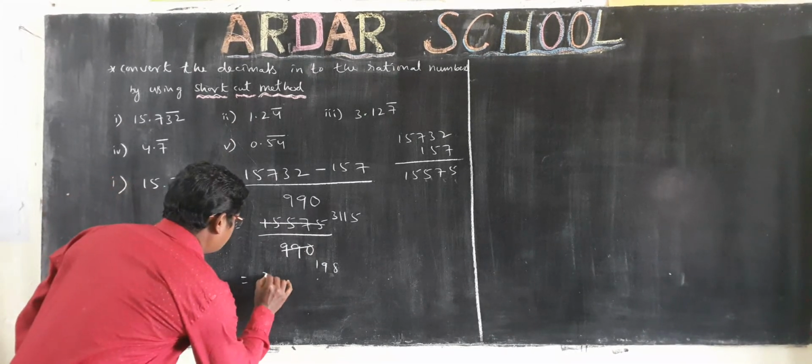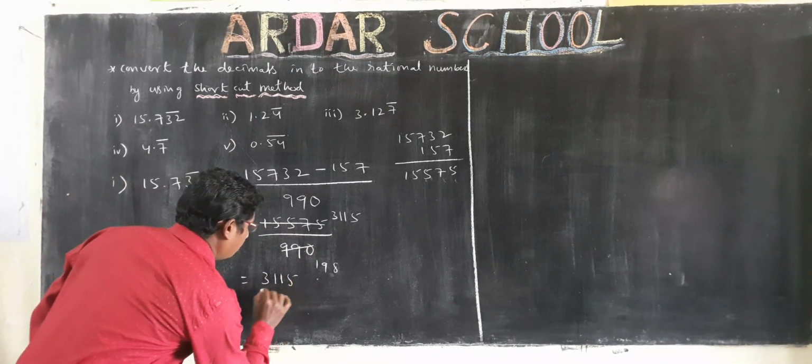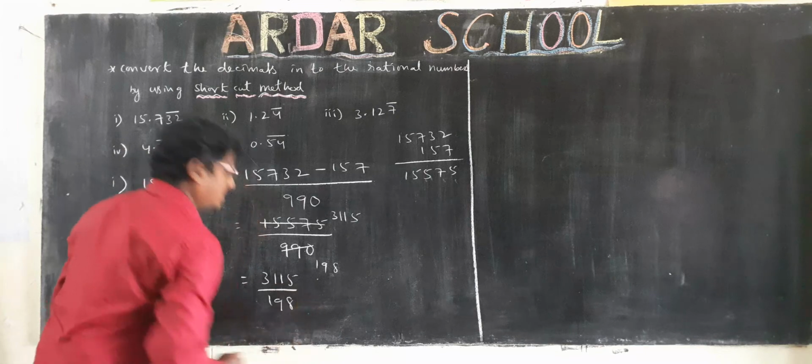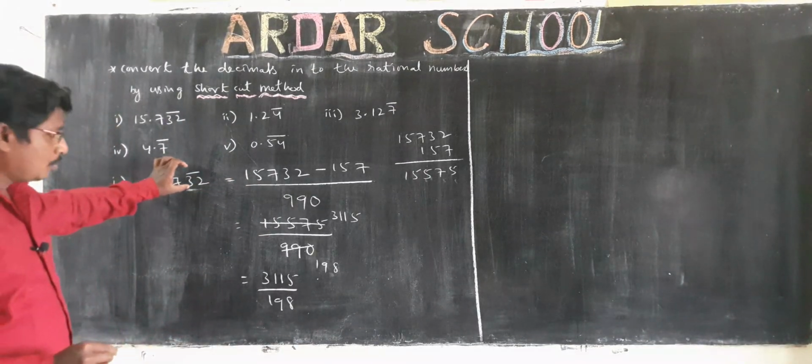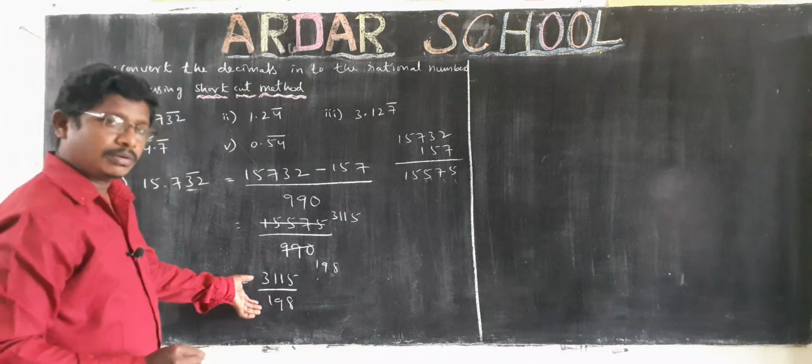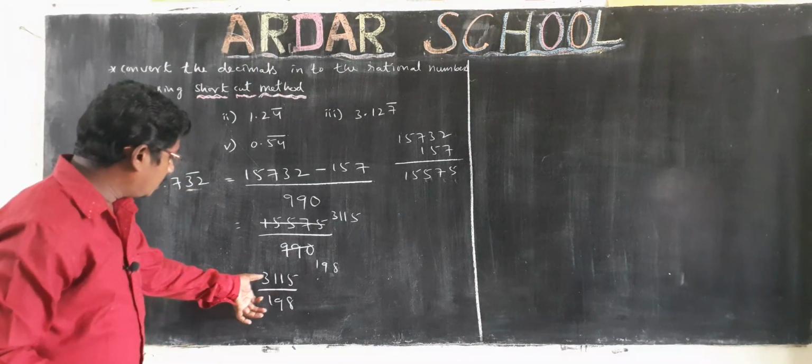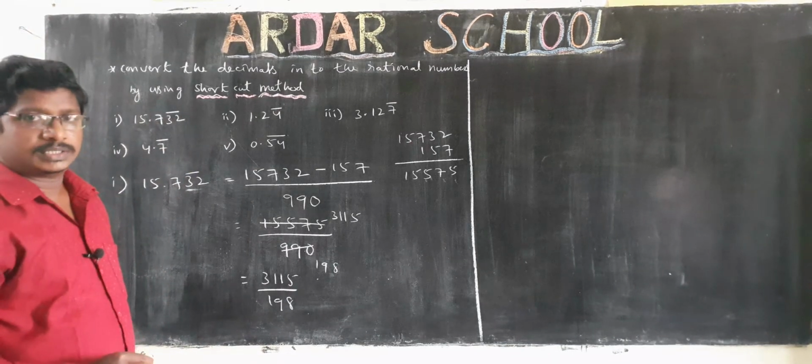That is 3,115 by 198. This is a rational number. So 15.732 bar is converted into the rational number 3,115 by 198.